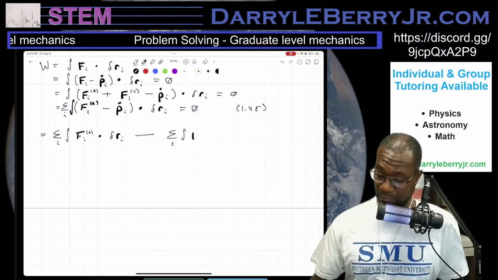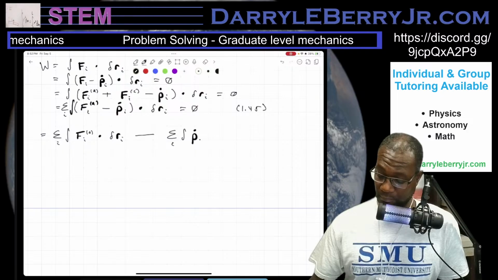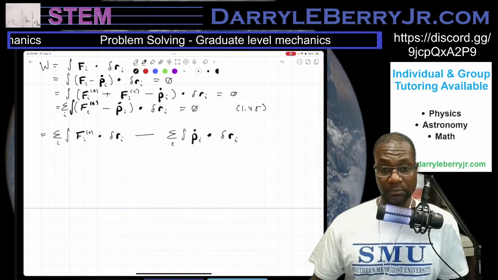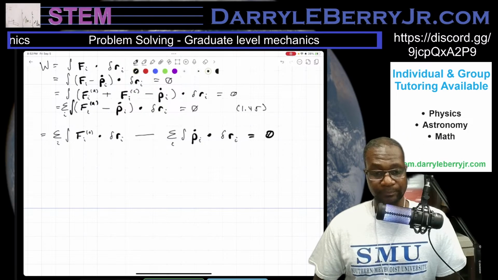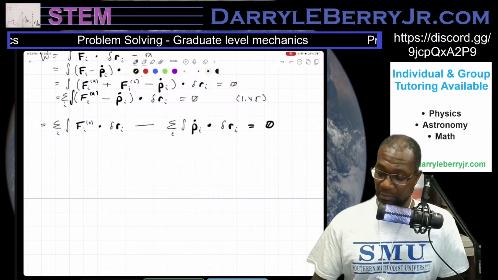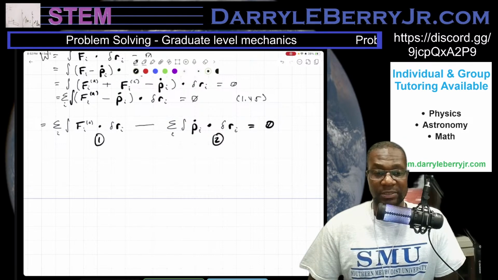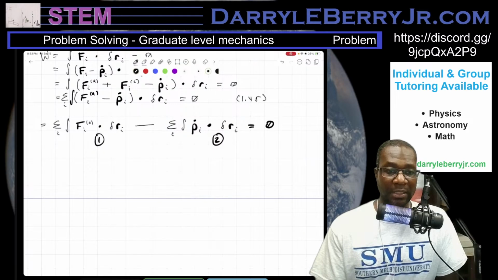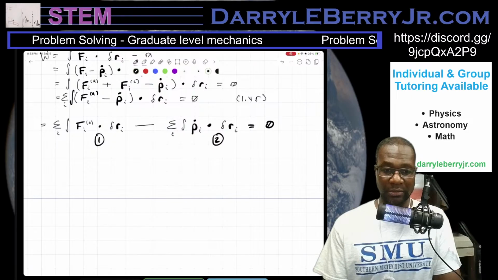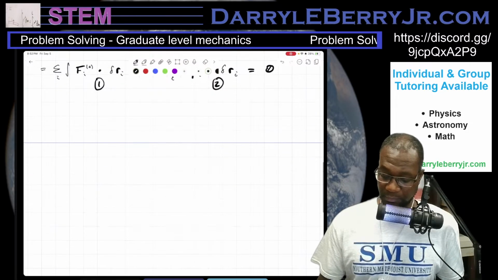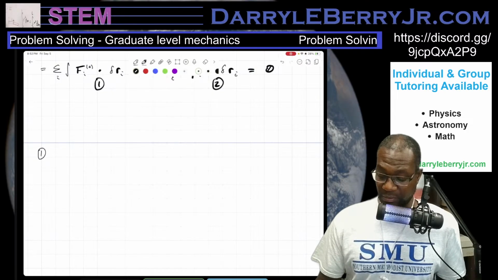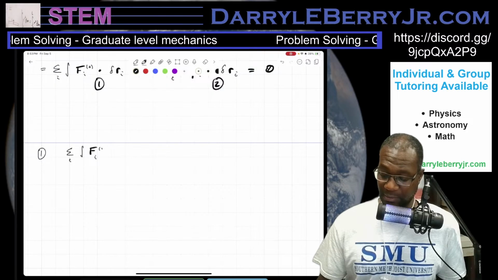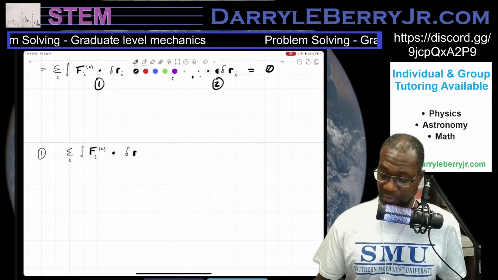So we have one and two as different components that we'll solve to get to our final answer. Now, the first one ends up being pretty quick. We have the summation of F_i applied dot r_i.